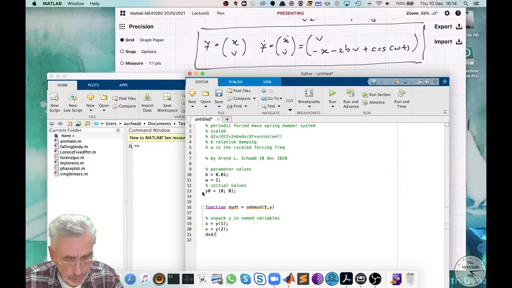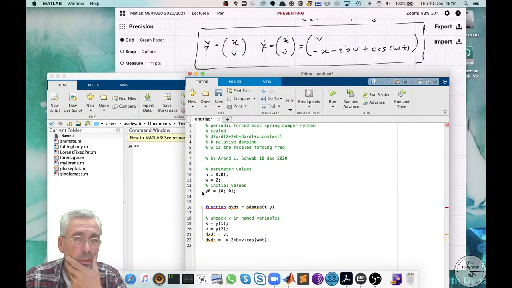We cannot write dot in Matlab, so we write dx dt, and what is dx dt? Oh, that's v, that's simple. And dv dt is minus x minus 2 times b times v plus cosine omega times t. And t is a variable, so that's there.